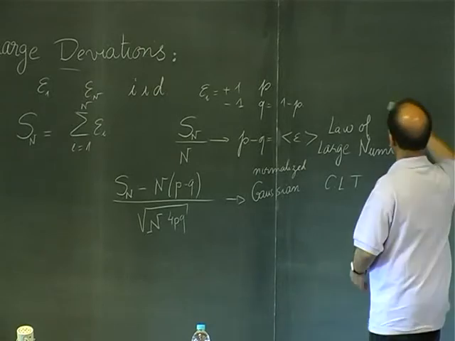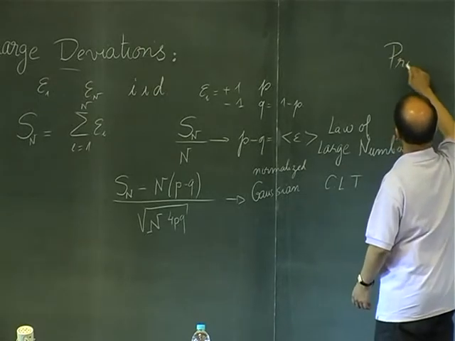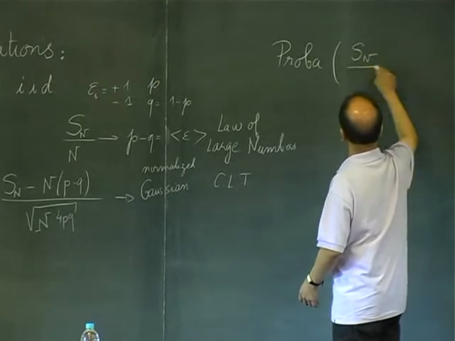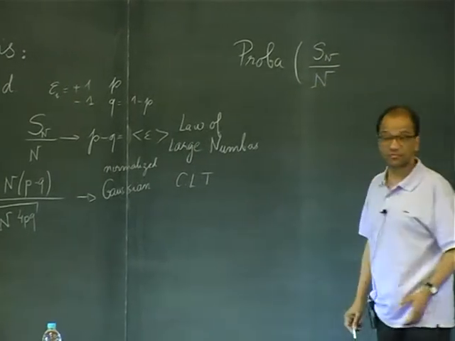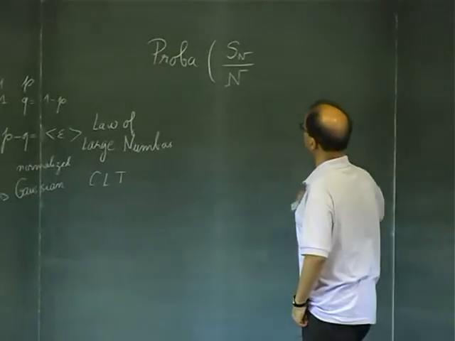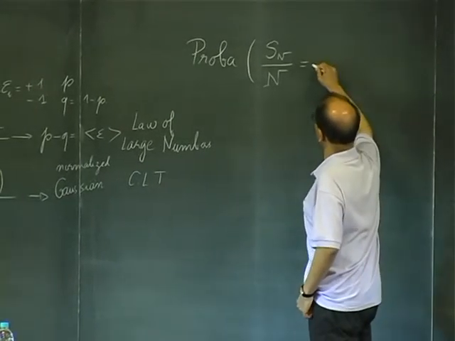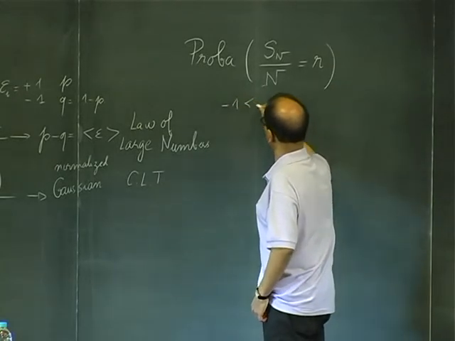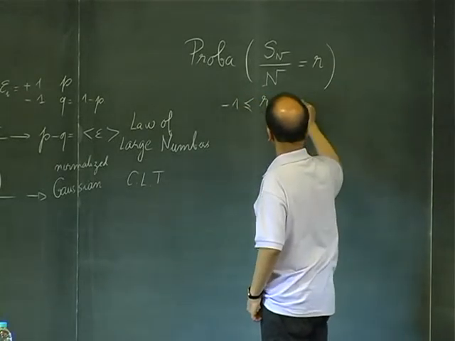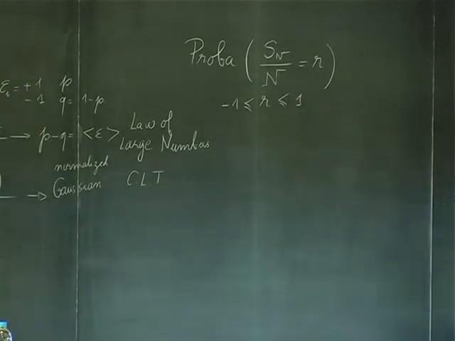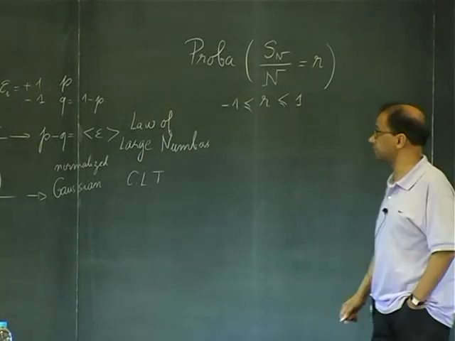So what is the probability that Sn over n, so the relative fraction of heads or tails, takes a value r, which is between -1 and 1, but which is not a typical value p minus q, half heads, half tails, okay? Anything, something untypical.